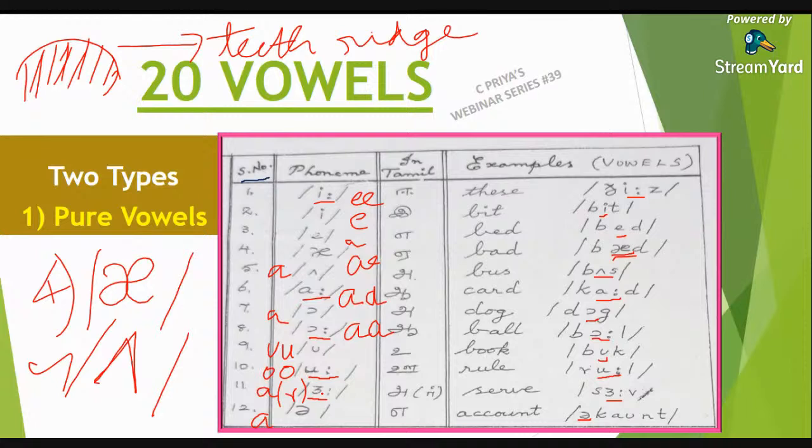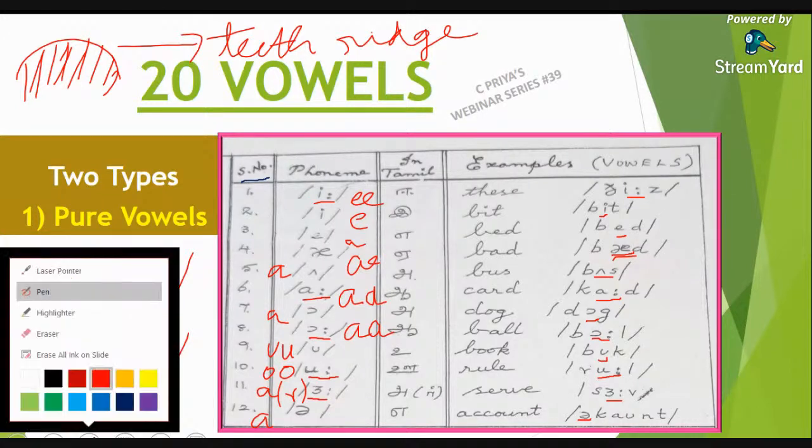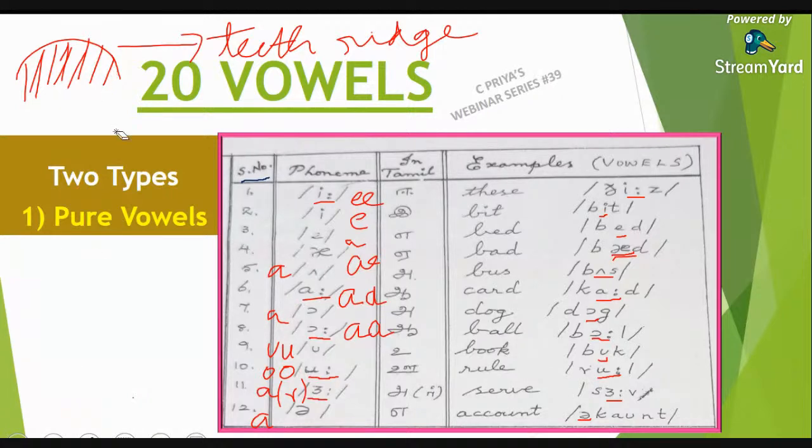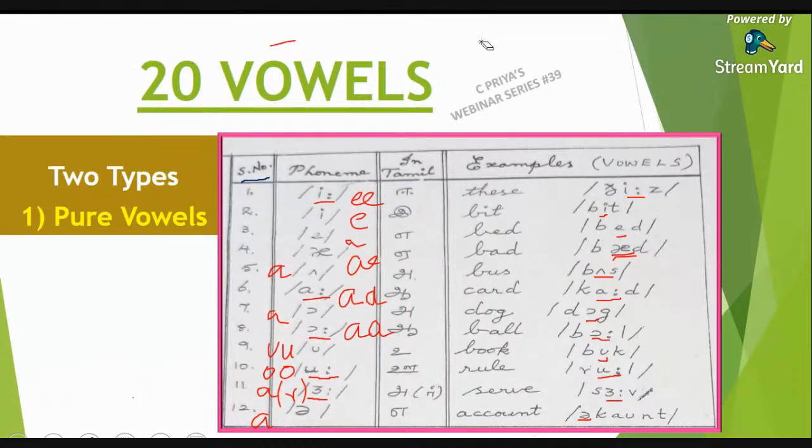Based on the sounds, the position of the tongue differs, whether it is the tip of the tongue, the middle of the tongue, or the back of the tongue. So when we pronounce all these words, we will come to know. Now I shall erase here, otherwise you may get confused.